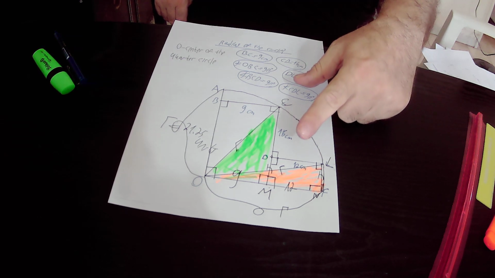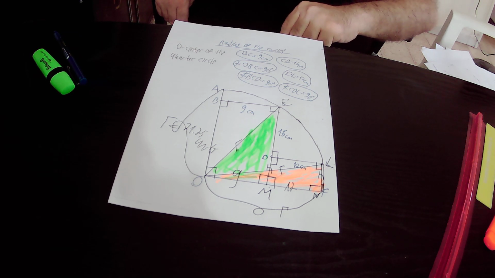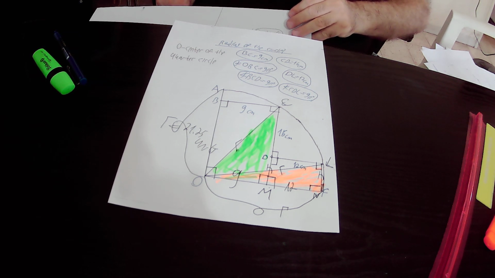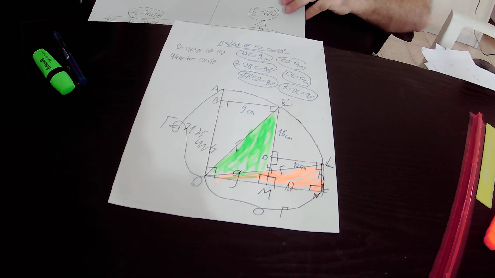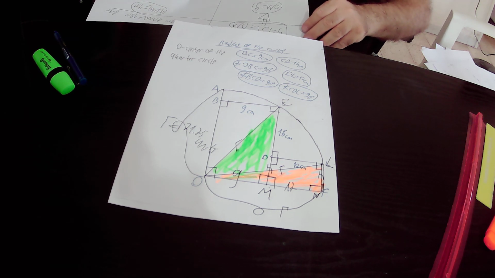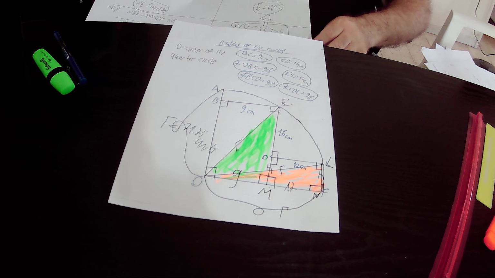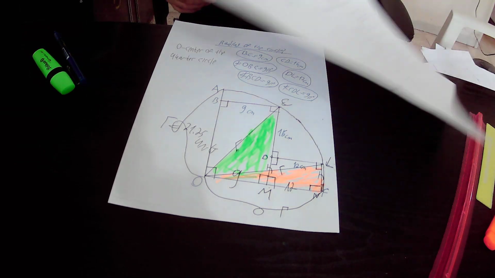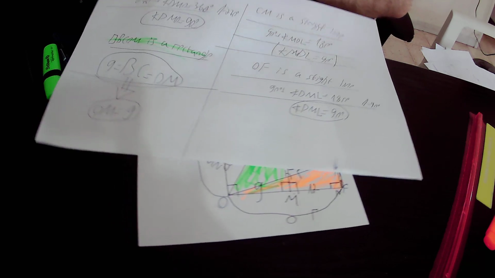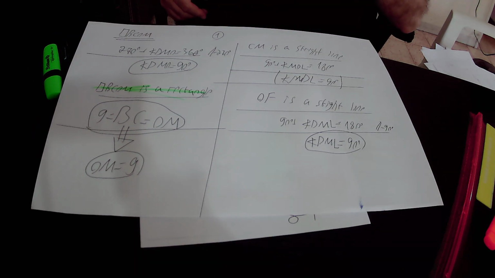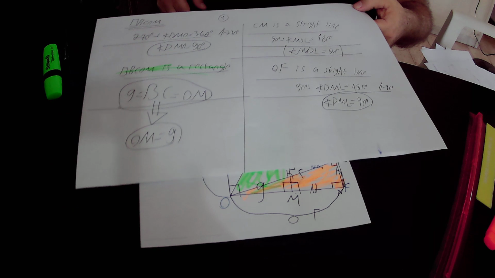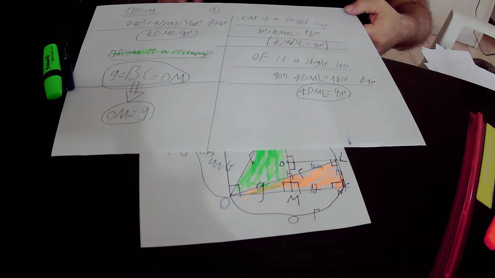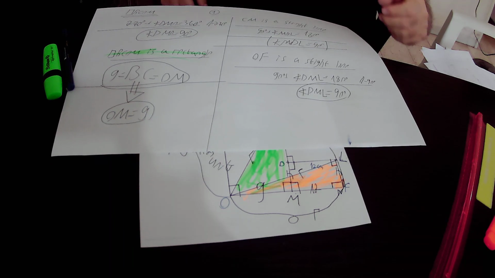So CM must be a straight line, and we know that the sum of the angles on one side of the straight line is equal to 180 degrees.